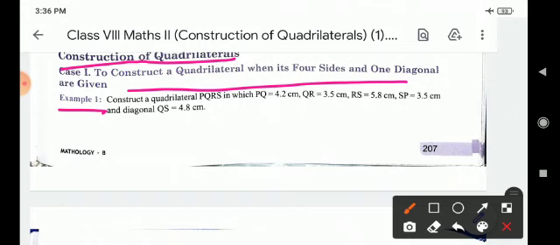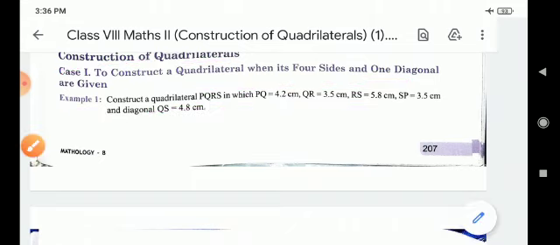Example number 1: construct quadrilateral PQRS with PQ equal to 4.2 cm, QR equal to 3.5 cm, RS equal to 5.8 cm, SP equal to 3.5 cm, and diagonal QS equal to 4.8 cm.